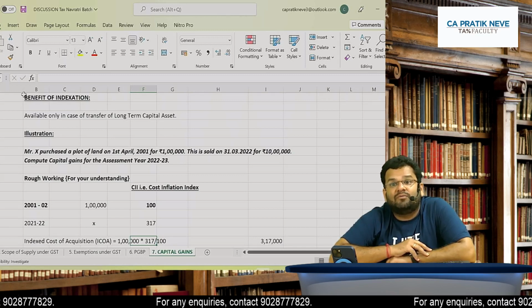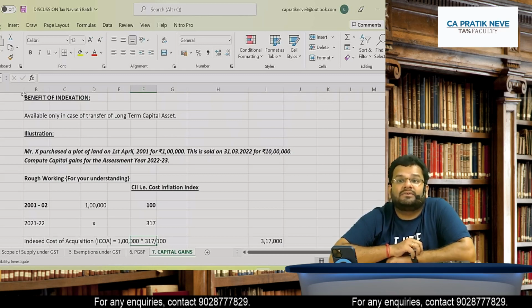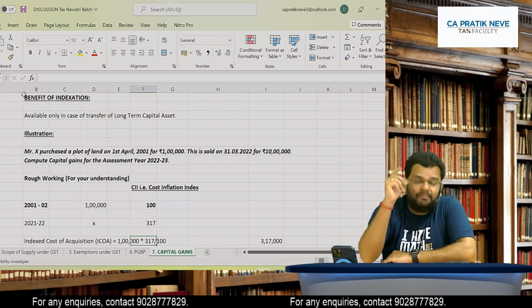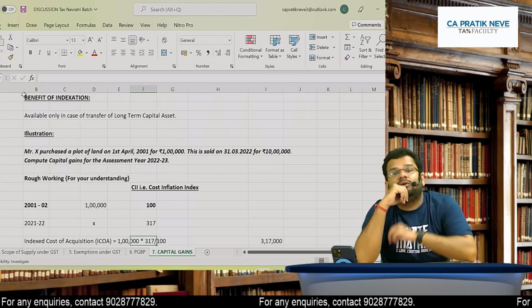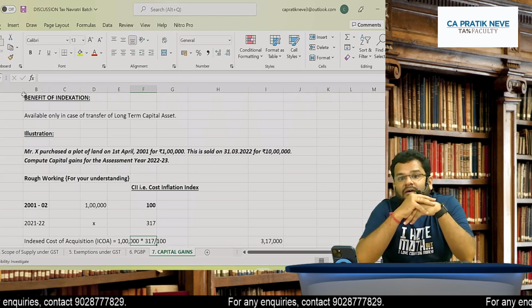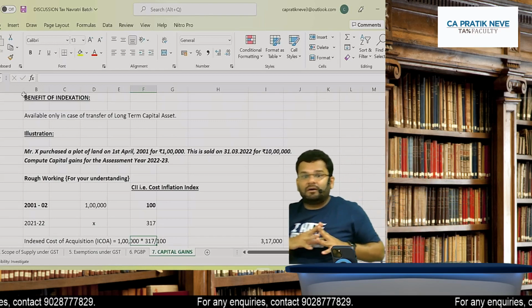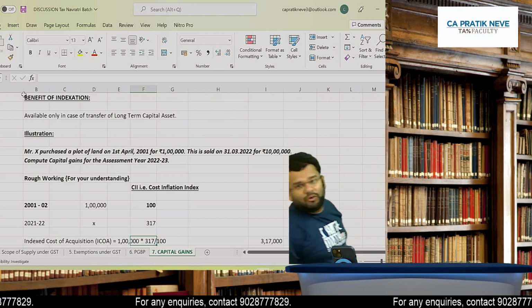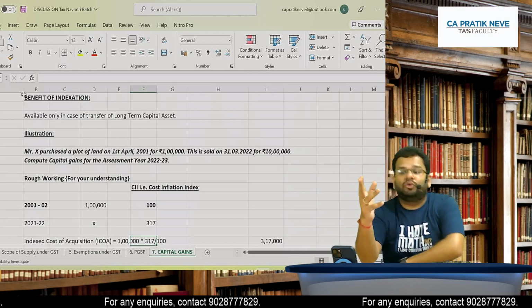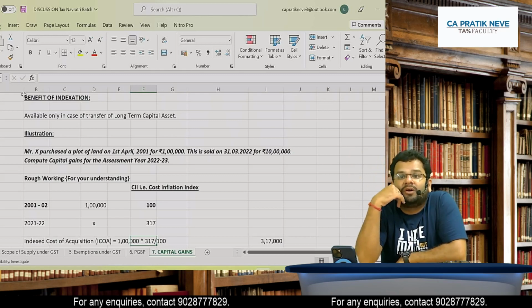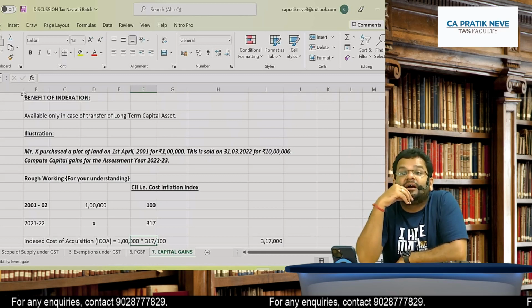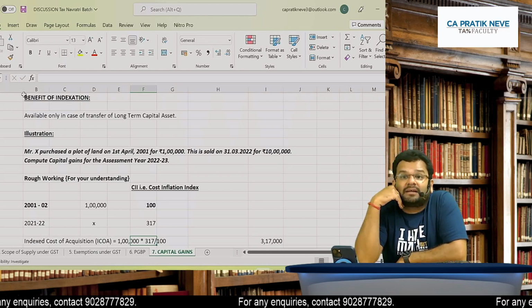Yes, time value of money means purchasing power of money has gone down. Okay, tell me one thing. What do we want to tax? Darshan, what do we want to tax? Do we want to tax capital appreciation or do we want to tax the effect of inflation? We of course want to tax capital appreciation.